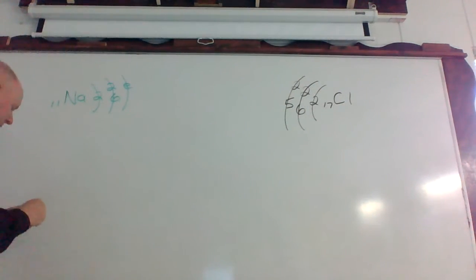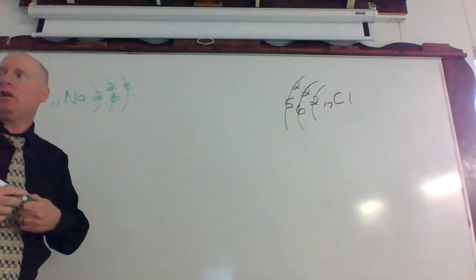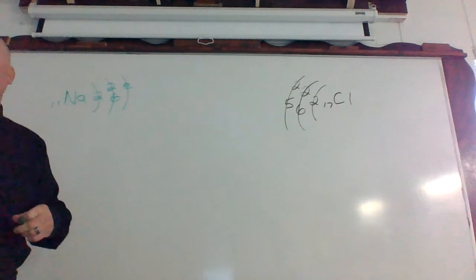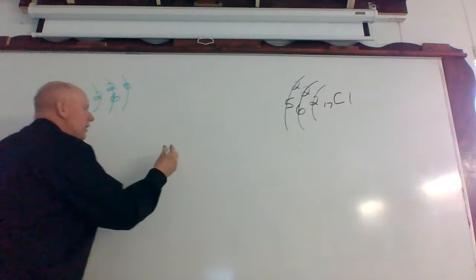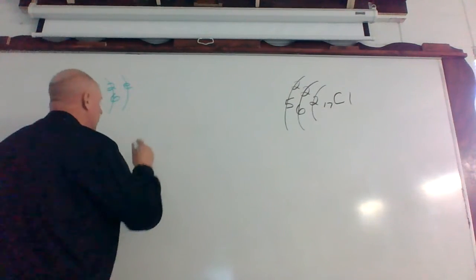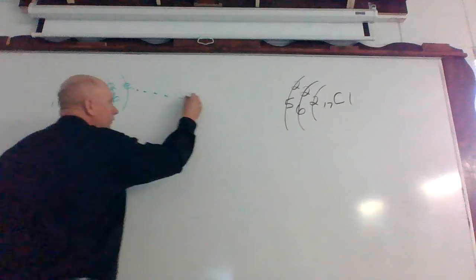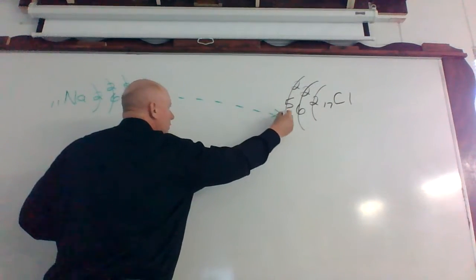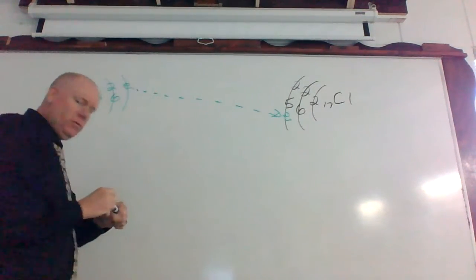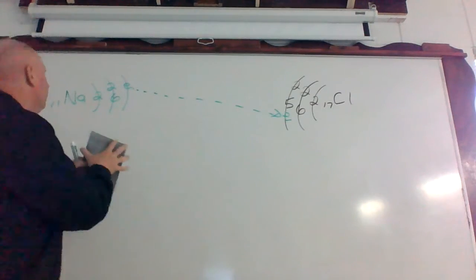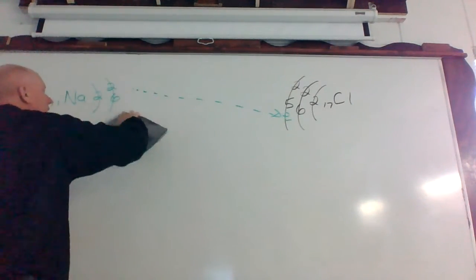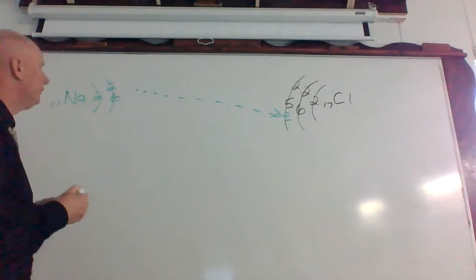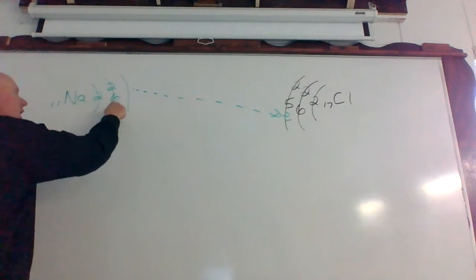So what happens then, another aspect on what you could use the periodic table for is that sodium forms a what charge? Forms a positive 1 charge, because what happens is this guy goes over to there, so this is now gone. Yeah, and that's table salt. Okay? So that's now empty.